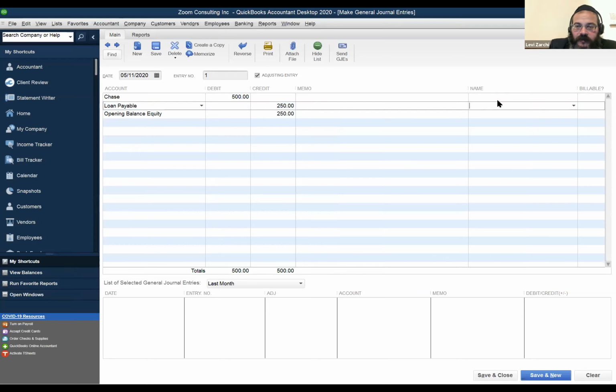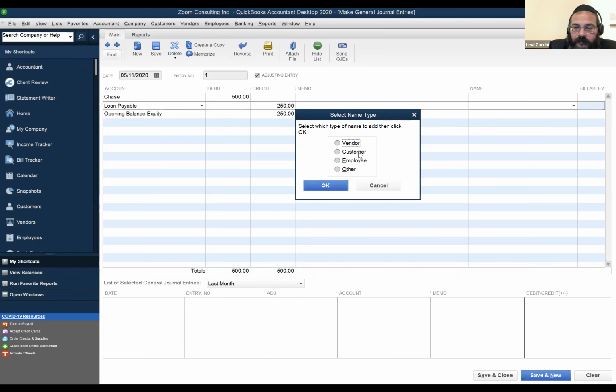You also have the option of a name here, because who do you owe the loan to? I could have the name Rabbi Shimon as a customer. You could call him a vendor, but I didn't enter a bill that way. I'm just going to put a name.